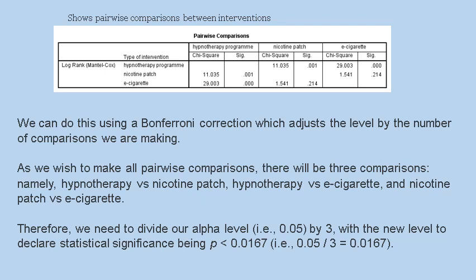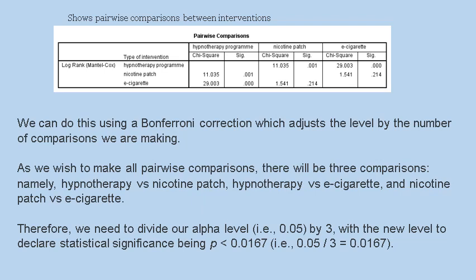Nicotine patch with the hypnotherapy program, it's statistically significant. Nicotine patch with the e-cigarette, it is not statistically significant. E-cigarette with the hypnotherapy program, it's statistically significant. E-cigarette with a nicotine patch, it is not statistically significant. So you understood? It's very interesting.